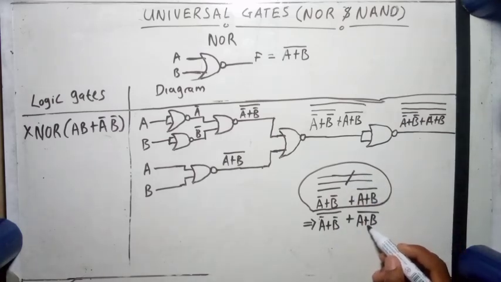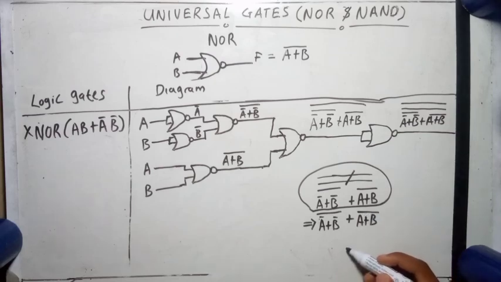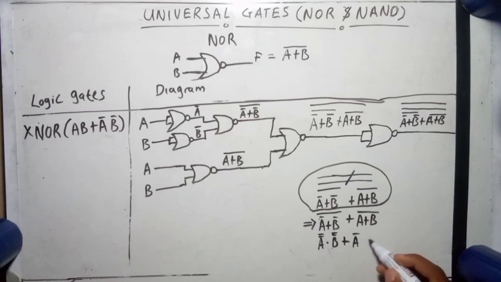Now, De Morgan then said that whenever we see this thing, we can split the bar into two, and our sign will have to change. And when we do that, we'll be having A double bar dot B double bar plus A bar times B bar. We know double bar gives us A and B.